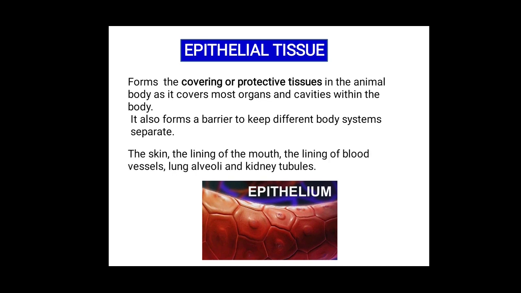Some examples include the skin, the lining of the mouth, the lining of blood vessels, the lung alveoli, and the kidney tubules. Lung alveoli, or single, alveolus, is the last part in the lung.